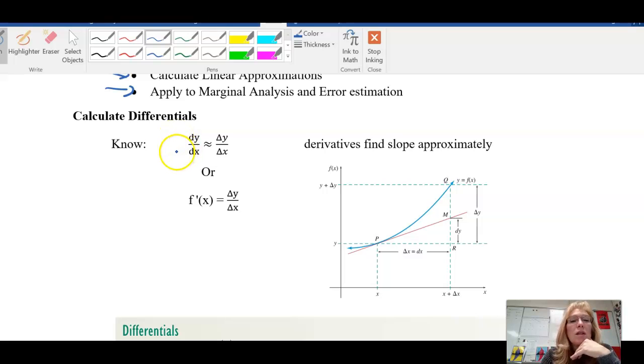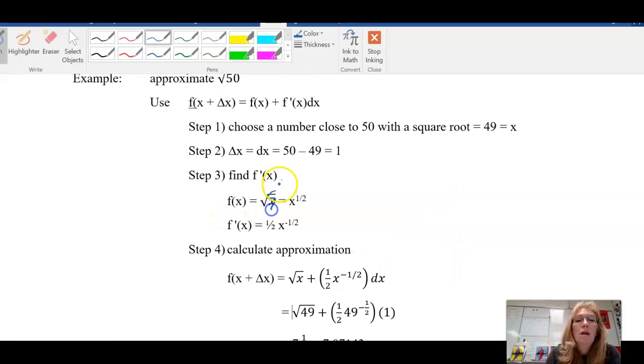Now, let's just think about this. I know that the derivative is equal to the change in y over the change in x, because it always finds the slope of the tangent, correct? We know this.